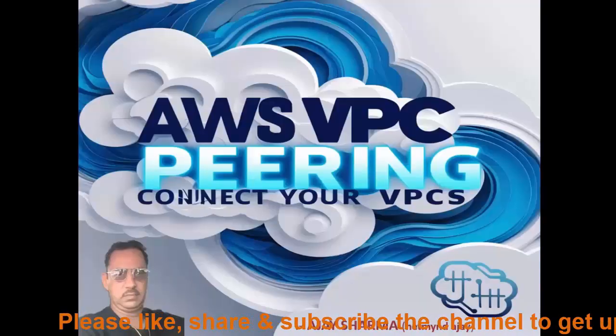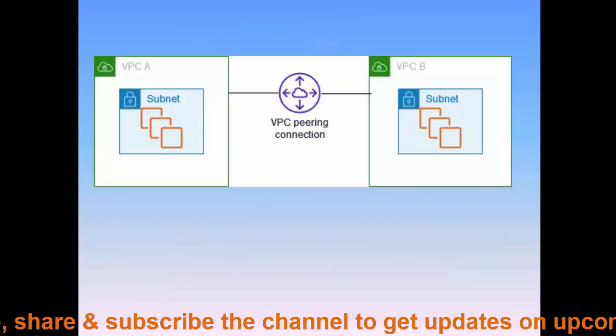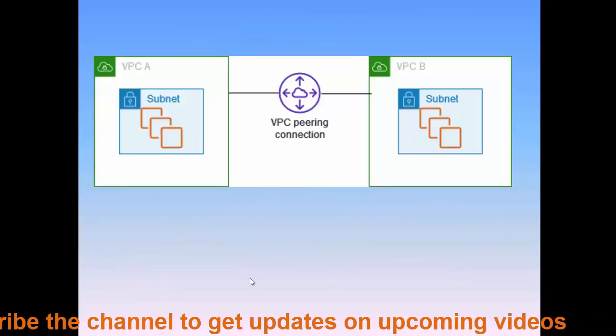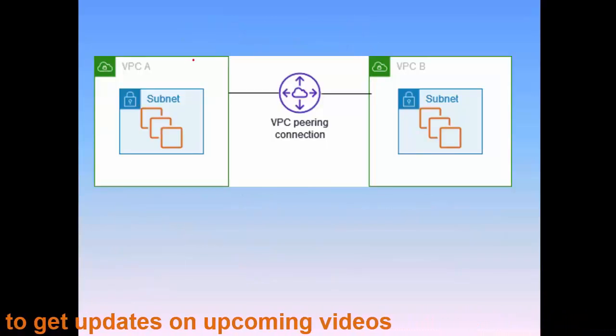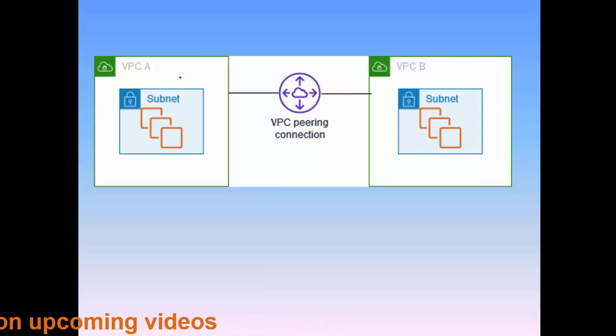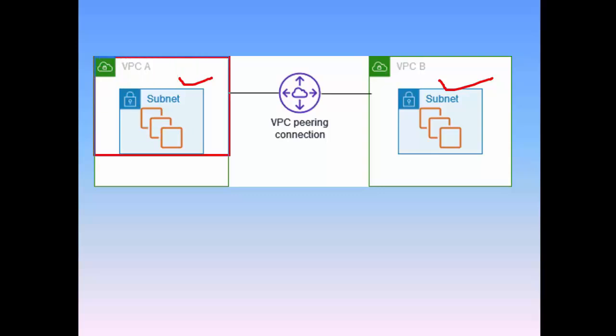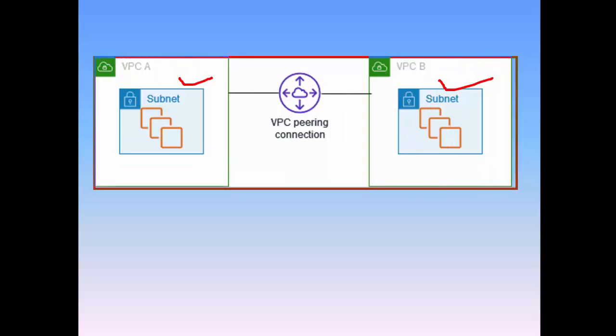If we are using the public IP, then naturally they are in different subnets, one subnet here, one subnet here. But after doing the peering, it looks like they are in the same subnet.